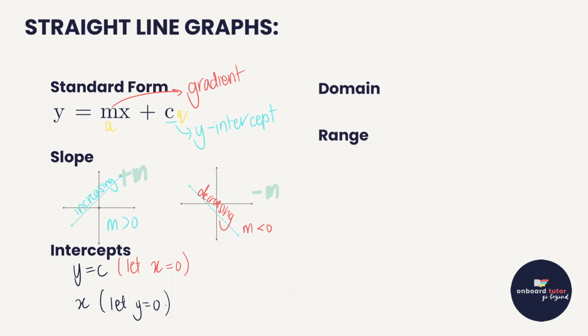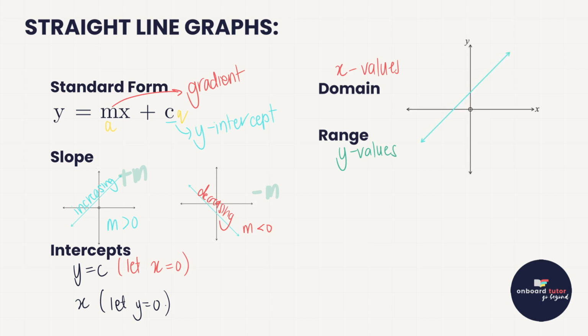Okay, and then we are introduced to this new concept of domain and range. So domain is all of the x values for which the graph exists, and range is all of the y values for which the graph exists.